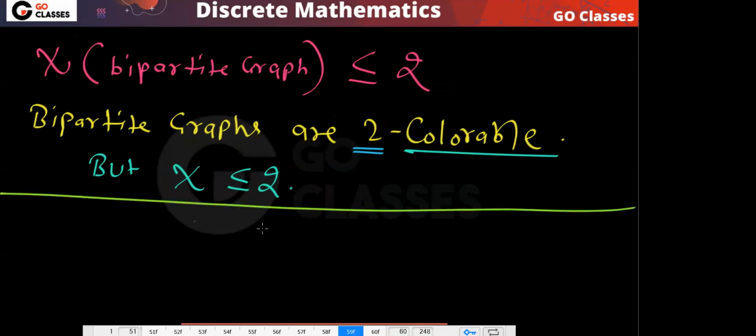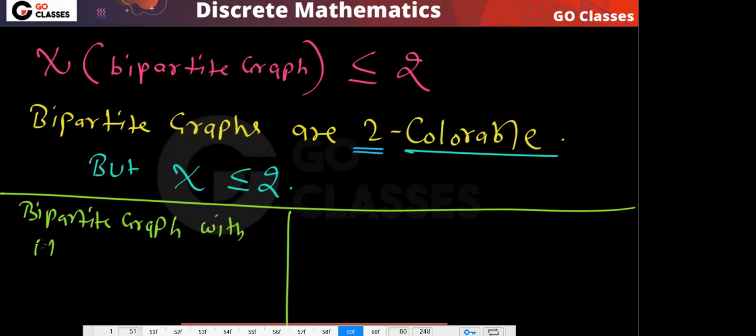There are two types of bipartite graph. First, a bipartite graph with no edge. Then your graph is basically edgeless. This is your graph En. So what will be the chromatic number? Then the chromatic number will be 1.